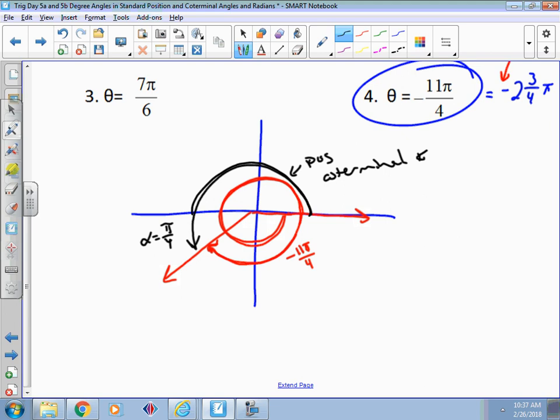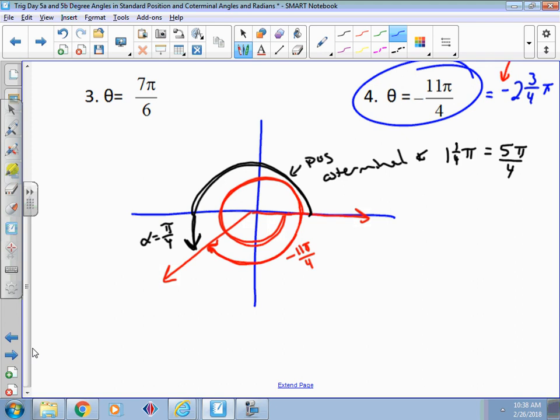Pi radians. So I have pi radians plus another pi over 4 radians. So I got 1 1/4 of a pi radians for that positive coterminal angle, also known as 5 pi over 4. That would be one positive coterminal angle. You could also add another 2 pi to that, and that would also start and end at the same place, but that's probably the easiest one to find.